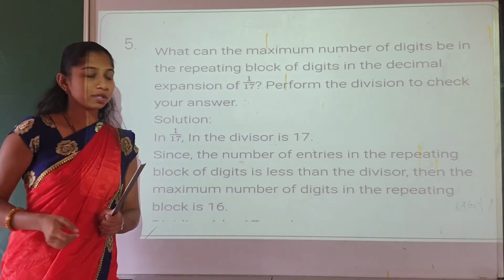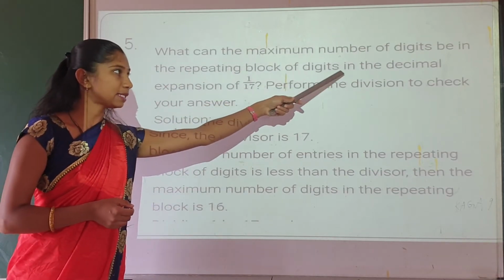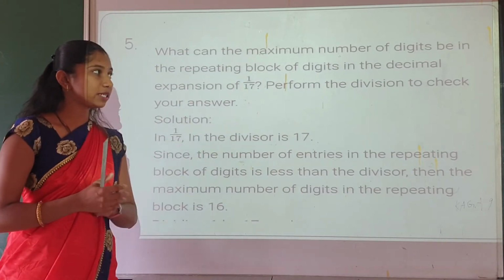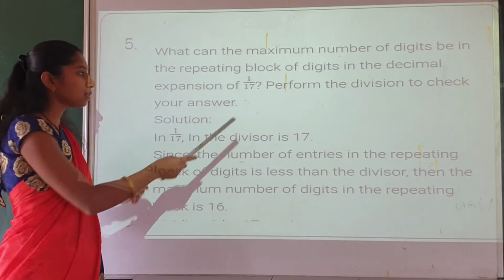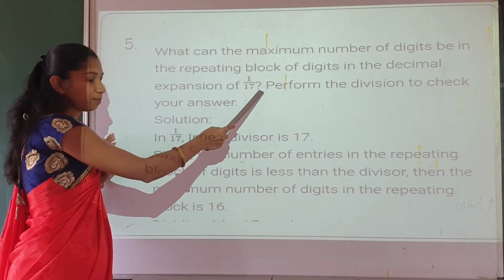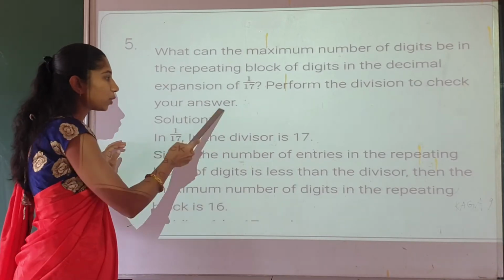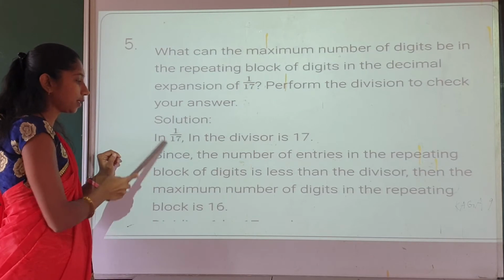Let's read the question. What can be the maximum number of digits in the repeating block of digits in the decimal expansion of 1 by 17?